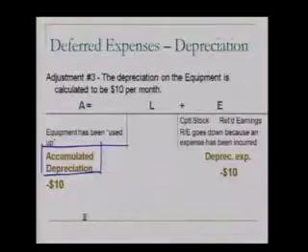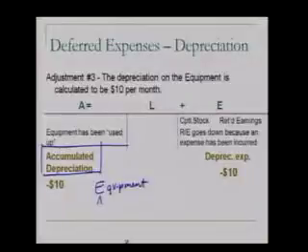Right? So on the asset side of the balance sheet, we've got equipment, and that's where we had recorded all of these purchases that Julianne had made for her equipment. And then right below that on the balance sheet, we're going to specify the amount in our accumulated depreciation account.